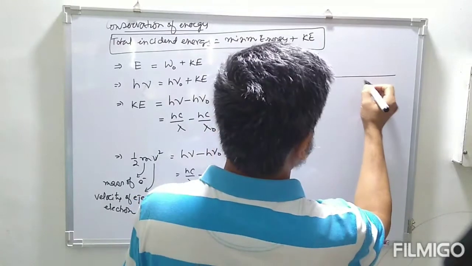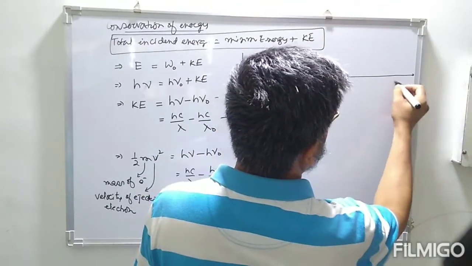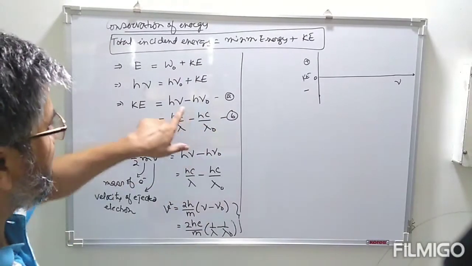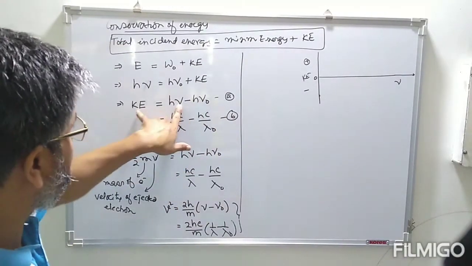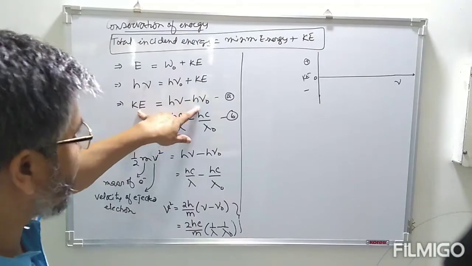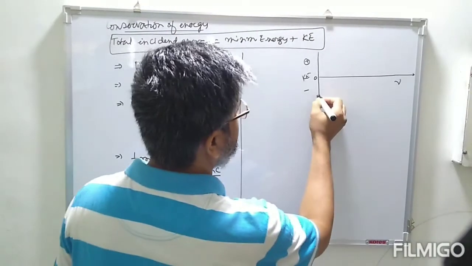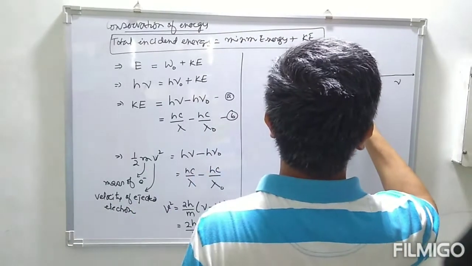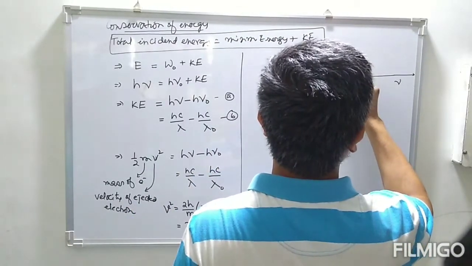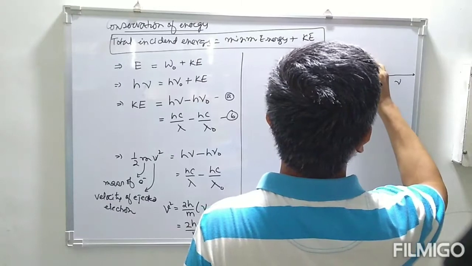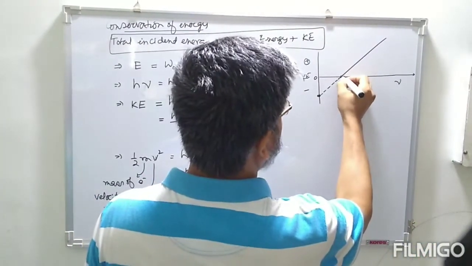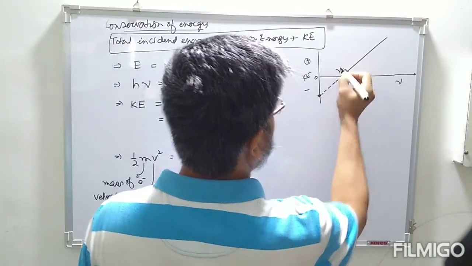This is frequency of incident light. So if the frequency of incident light is 0, kinetic energy is minus h nu naught. Then if the frequency is increased, and after this, so this particular frequency, that is known as nu naught.